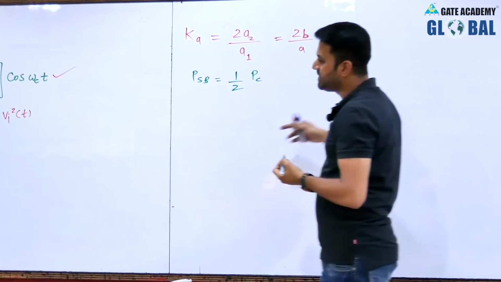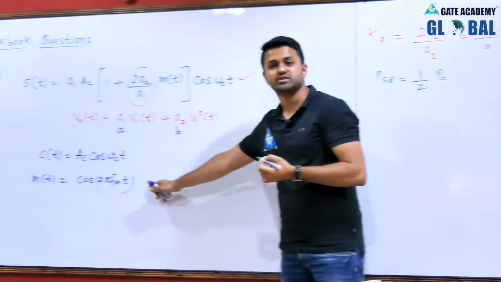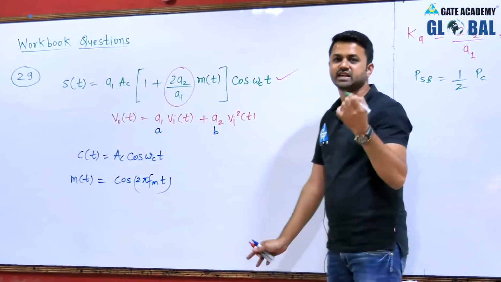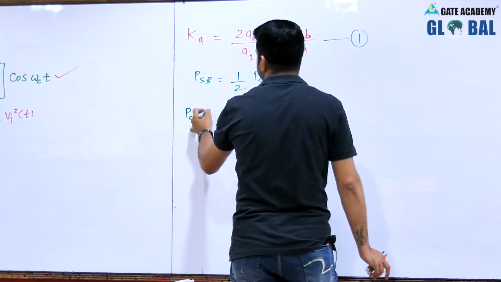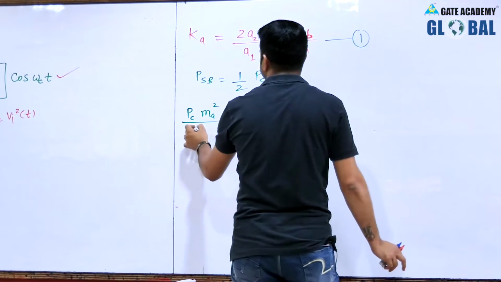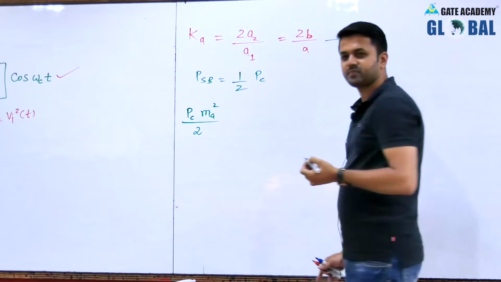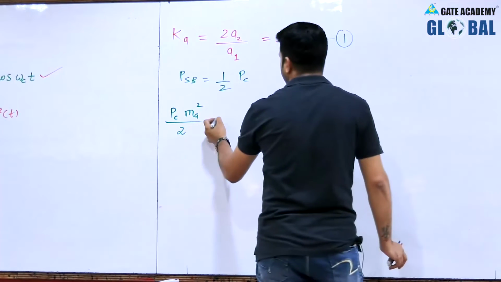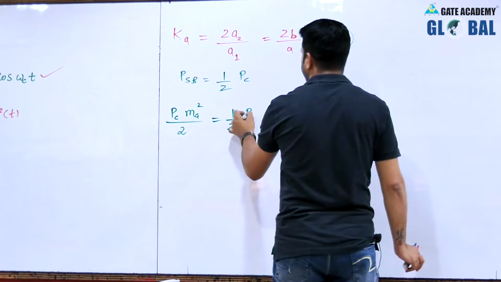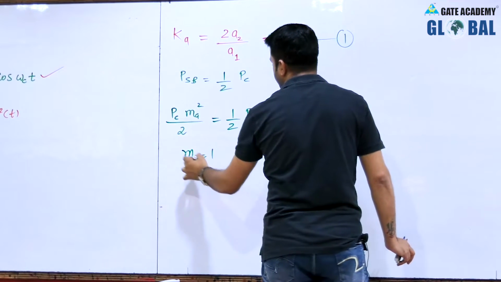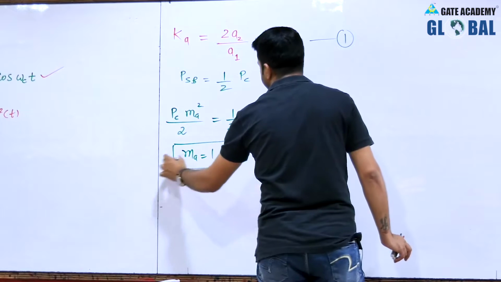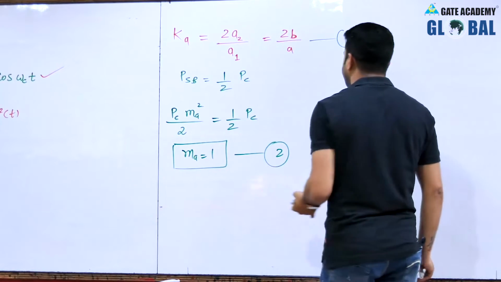Because the message signal is single tone sinusoidal, the sideband power is given by Pc ma square by 2, and it is half of the carrier power. So the carrier power will get cancelled and we get modulation index equal to 1. This is our second equation.